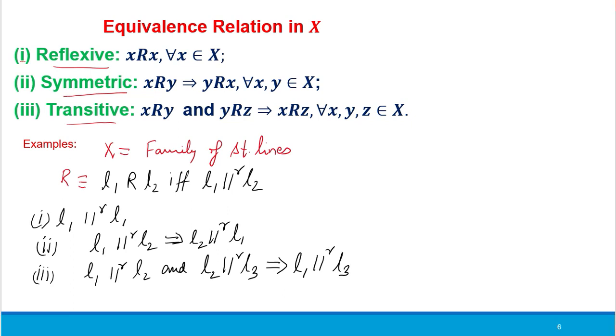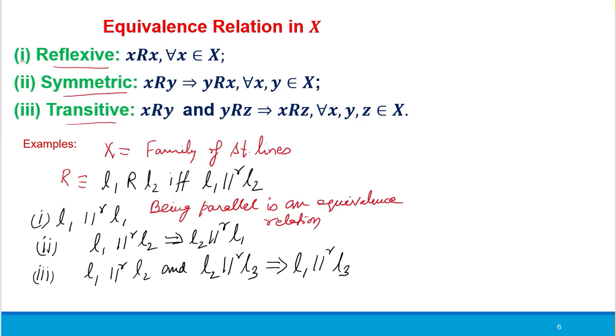And therefore this relation, L1 is related to L2 if L1 is parallel to L2, means being parallel. The relation of being parallel is an equivalence relation. But let us consider another example.